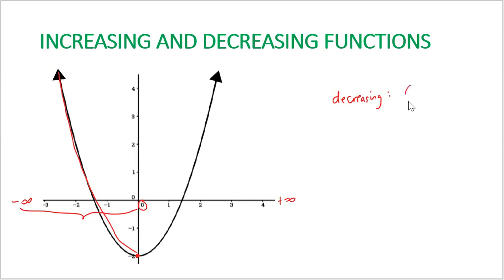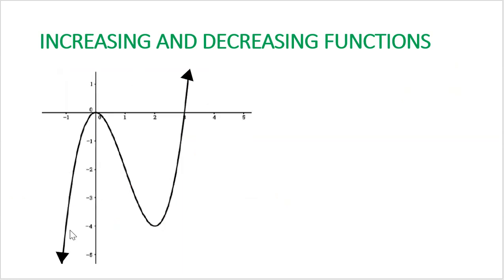So we have to write it as negative infinity, comma 0, and we shall use two parentheses. And then the graph is increasing from this point up to positive infinity. Which means that the interval where the graph is increasing is from 0 up to positive infinity.